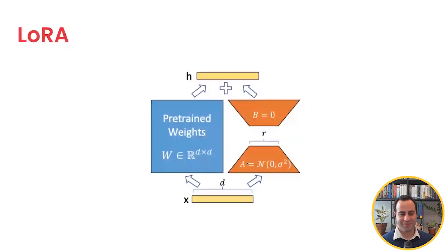With LoRA, you learn this thing on the right. You've got your pre-trained weights on the left, and you learn a modification, a delta, a change to those pre-trained weights. And that change would typically have to be a matrix as big as the matrix representing your weights. But in LoRA, you factorize it into two low rank matrices that you can multiply by each other to create one big matrix.